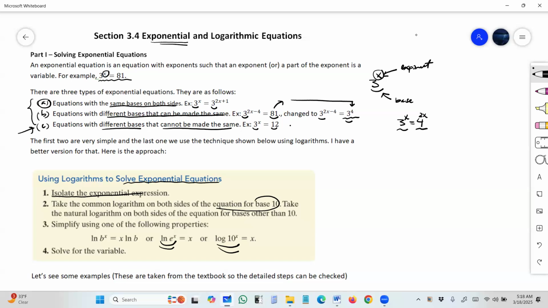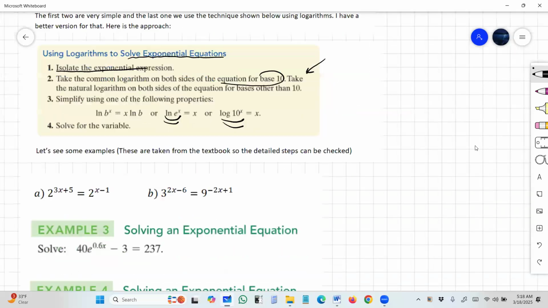The first two cases, A and B, have a very simple technique. For the third case, they suggest you take the log of both sides, either base 10 or base E. Now, I'm going to show you a different technique that works better than that. All right, so let's take a look at the examples I have for you.